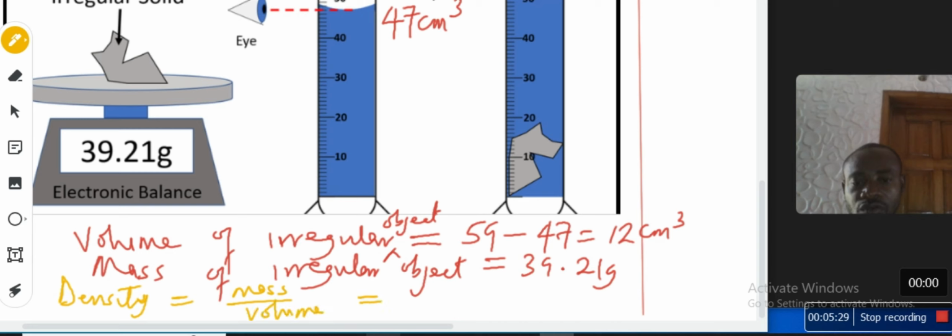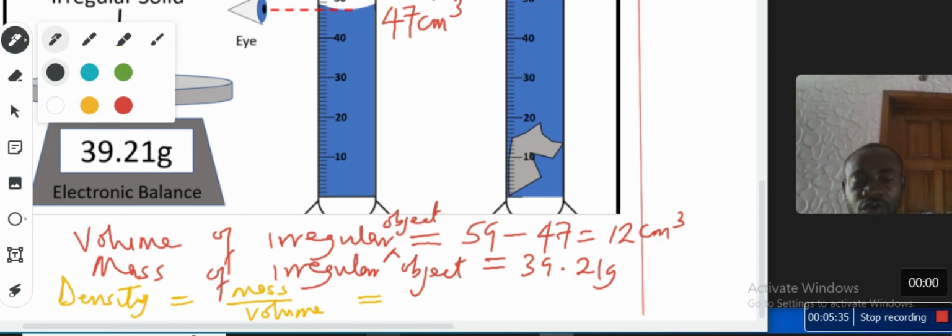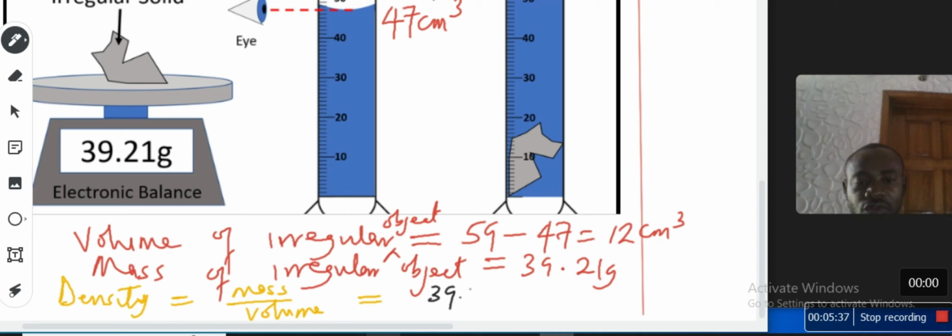Which is equal to, what's the mass? Mass is 39.21 grams over 12. And what does that give us? Use your calculator. 39.21 divided by 12.